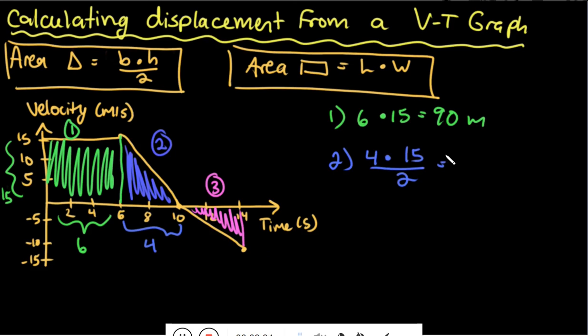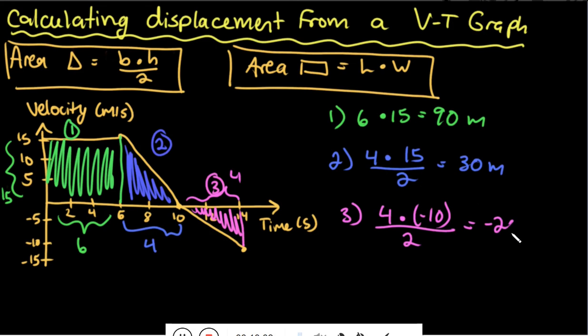So 4 times 15, divide that by 2, gives me 30 meters. And then lastly, I have another triangle. So I'm taking my base again. So this is actually 14 minus 10. So that's 4. And my height this time is negative 10. Negative 10 divided by 2. So then I have 4 times negative 10 divided by 2 is negative 20 meters. So this is the displacement for each and every single section.